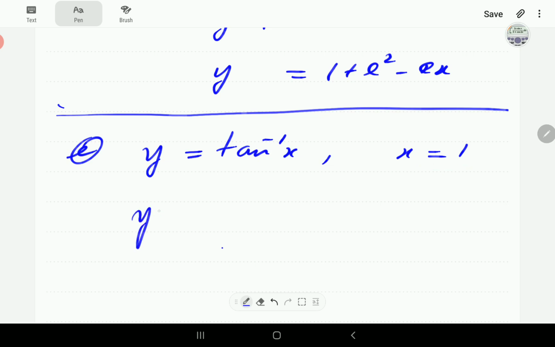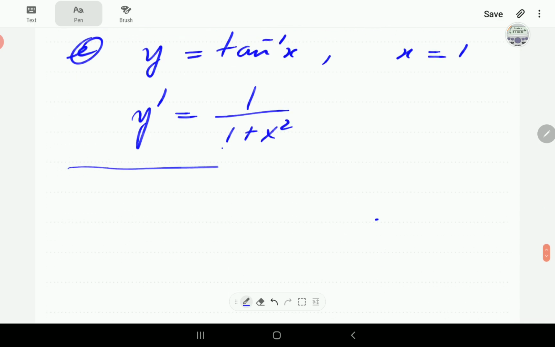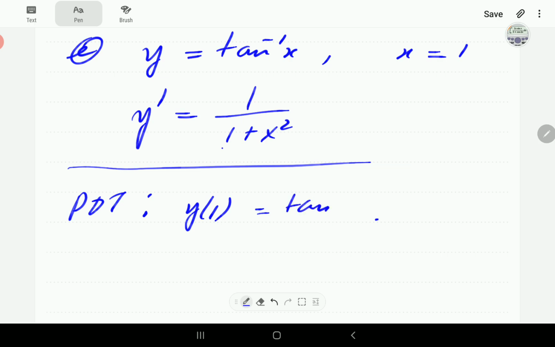As before, we're going to start by finding the derivative, and the derivative of inverse tangent is 1 over 1 plus x squared. Then we want to find the point of tangency, so we plug in 1 here: inverse tangent of 1.